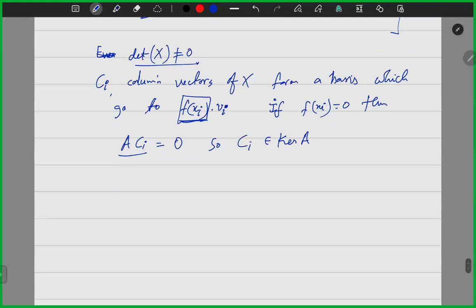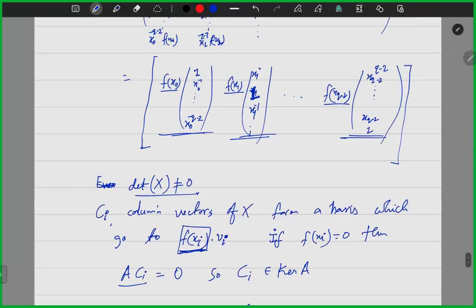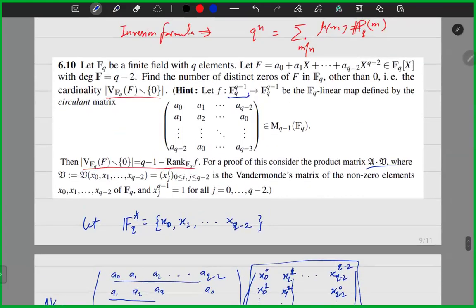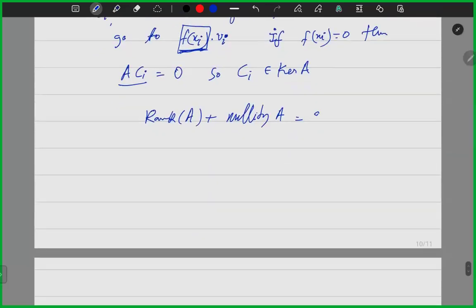By the rank-nullity theorem, if you see which Xi goes to 0, they correspond to some column vector Ci of X. So the rank-nullity theorem says rank A plus nullity of A is equal to the dimension of V, which in our case is a Q minus 1 dimensional vector space. But nullity of A means those Ci form a basis for the null space.